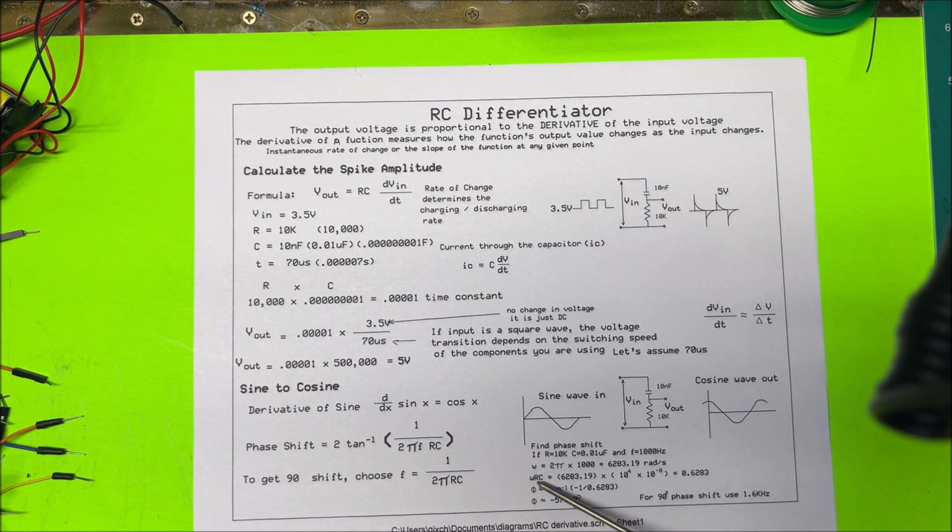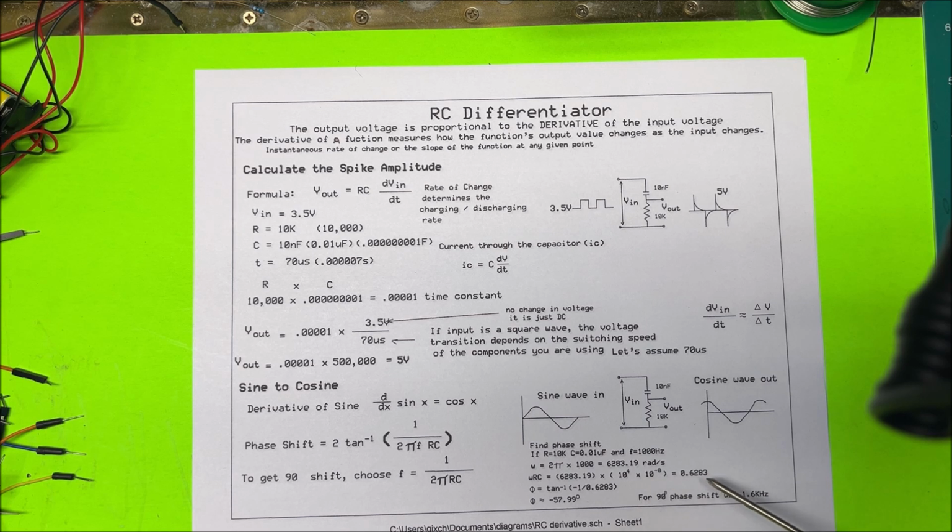And then omega RC is going to be equal to that times the resistance times the capacitance. So we get 0.6283, okay? And then we take the arctangent of that to get our degrees, okay? So it turns out that it's going to be about 58 degrees, okay?